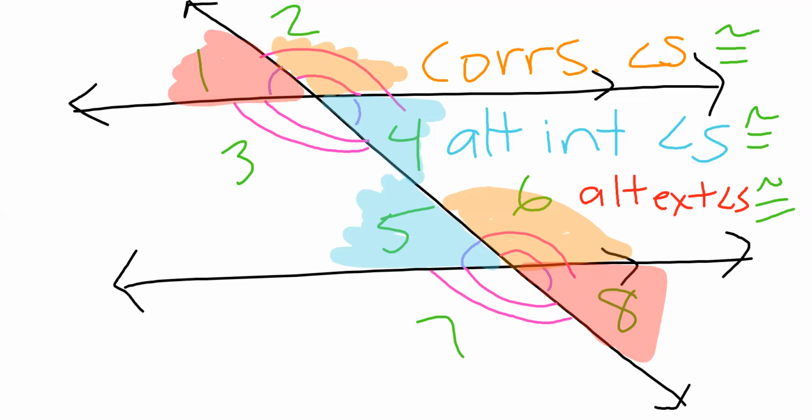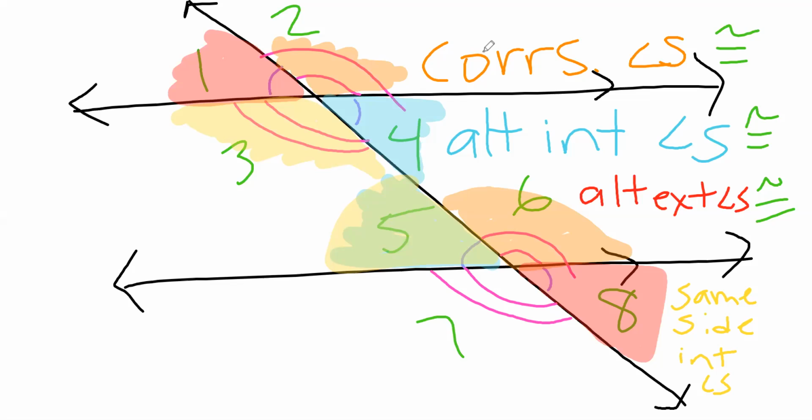Let's do another pair. Let's do yellow. Another pair that we have are called same side interior angles. And as you might guess, the only difference between same side interior and alternate interior is what side of the transversal they're on. So a same side interior angle pair here would be number 3 and number 5, right? 3 and 5 are same side interior angles.